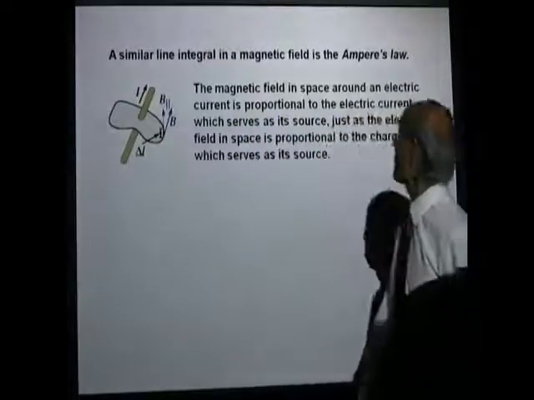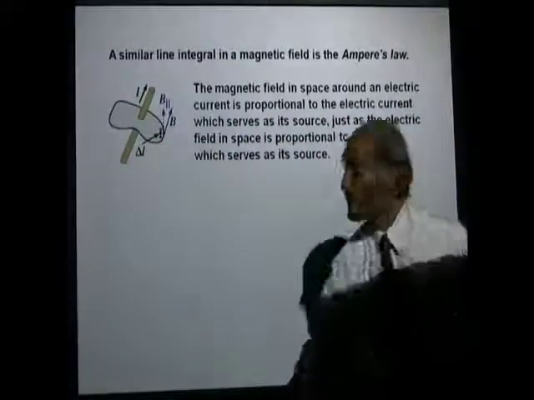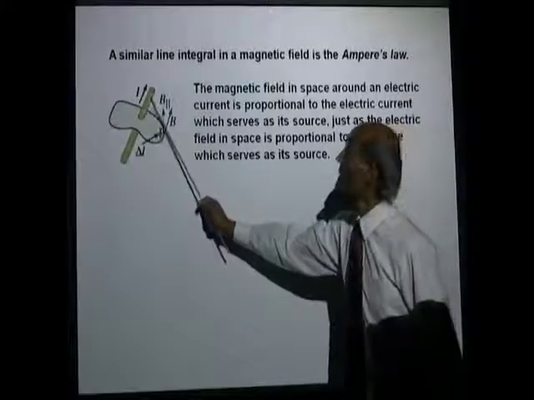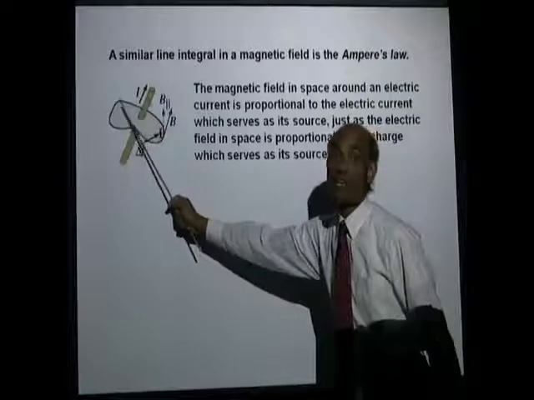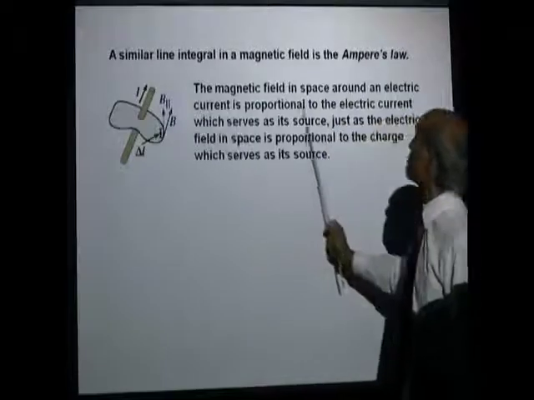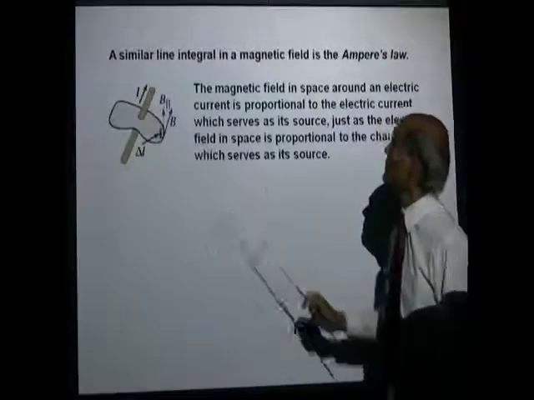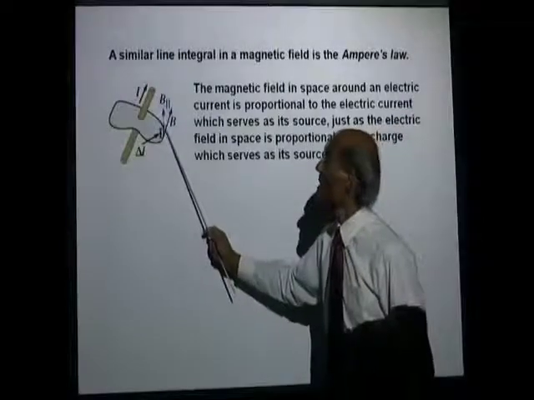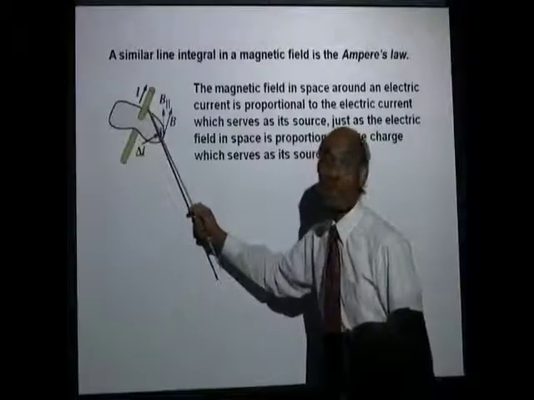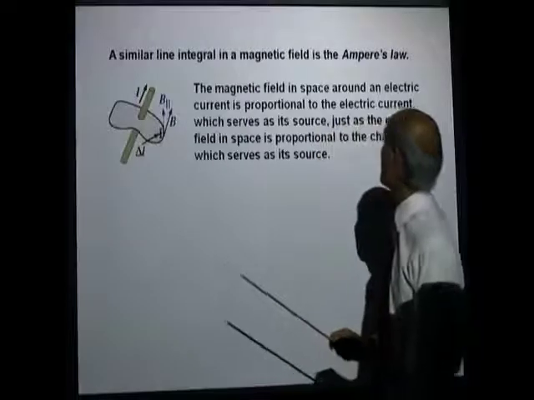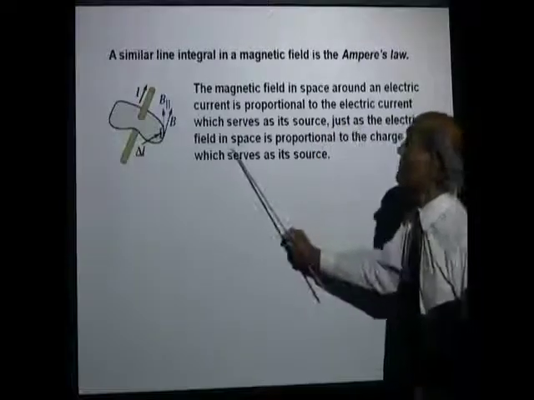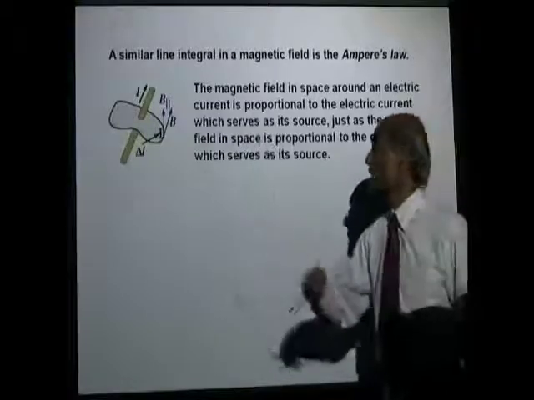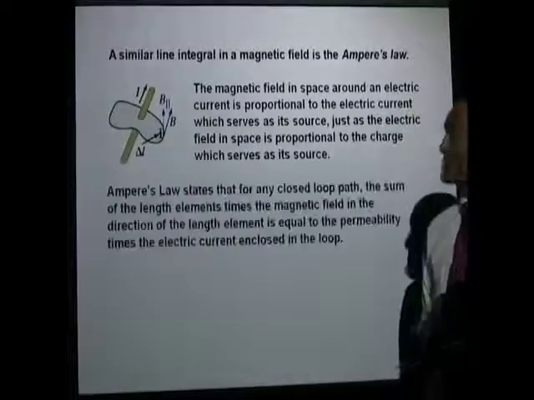So the magnetic field in a space around an electric current is proportional to the electric current which serves as its source. In fact, the magnetic field is actually created by the current in this conductor, just as the electric field in space is proportional to the electric charge which serves as its source.